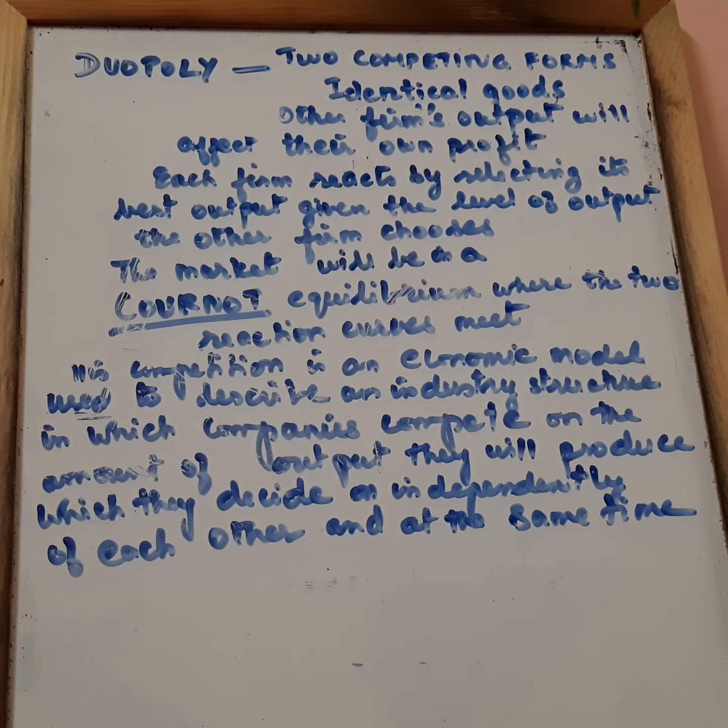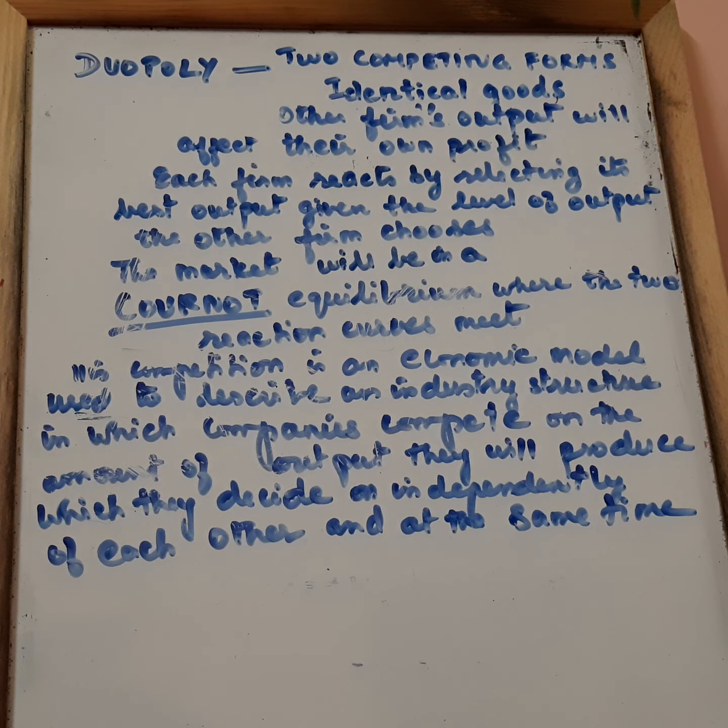And each firm has to decide simultaneously how many bottles of water to supply. The total output of the industry is the sum of the two firms' output decisions. Each firm must choose the output that maximizes its profit based on what it thinks the other firm's output will be.